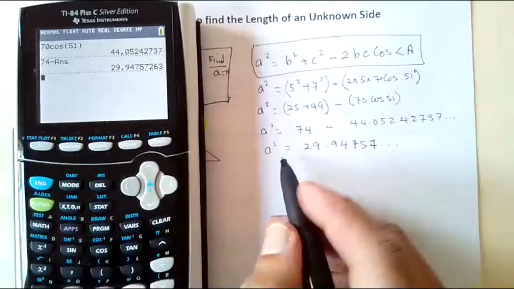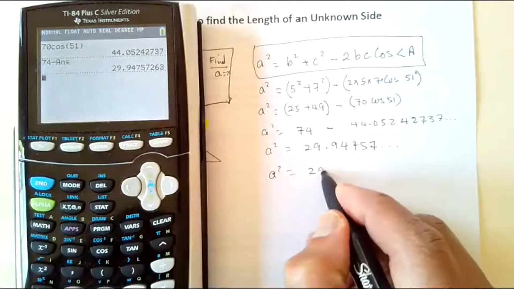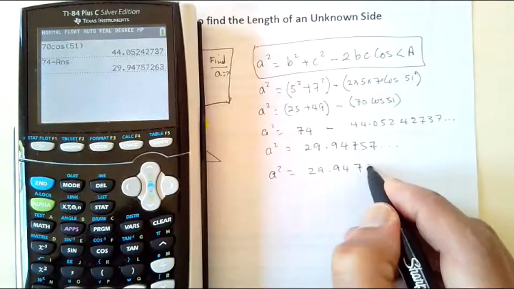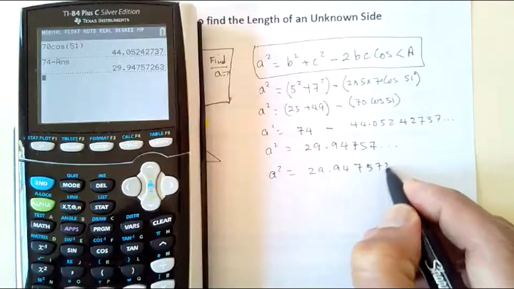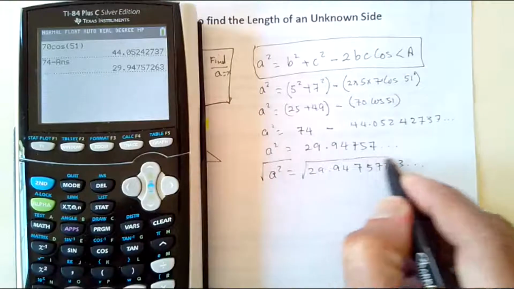Now I solve for A. So A squared is equal to 29.947. Square root both sides.